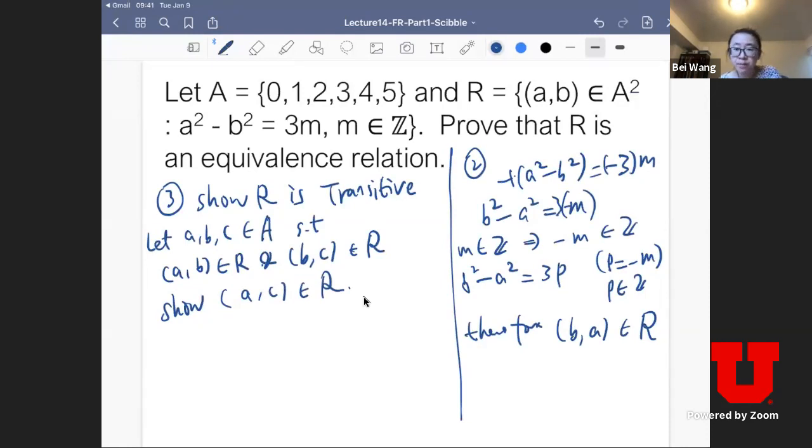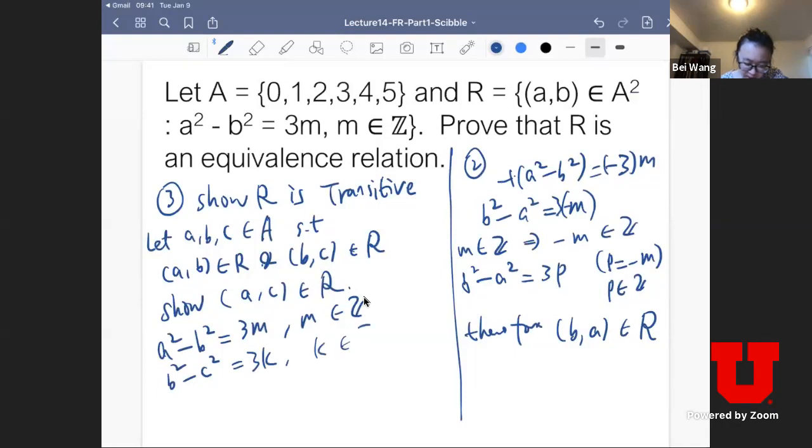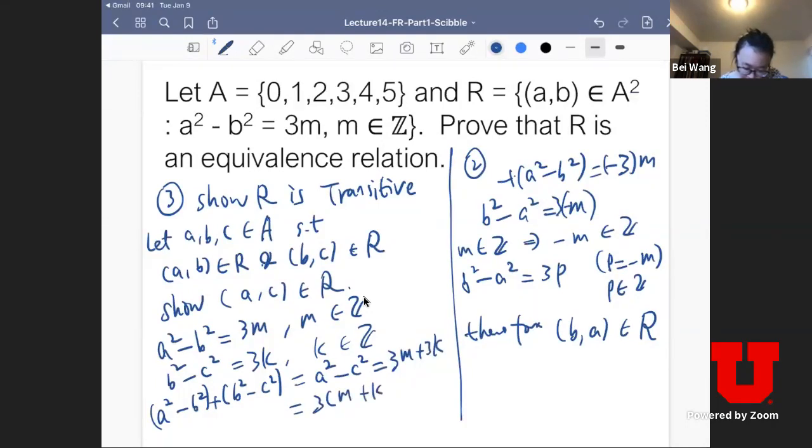Because A, B is in R, by the definition of the relation, we have A squared minus B squared is equal to 3M for some integer M. Because B, C is in R, we have B squared minus C squared is equal to 3K for some integer K. Now, if I add those two equations together, I get A squared minus B squared plus B squared minus C squared, which is equal to A squared minus C squared, which is equal to 3M plus 3K, which is equal to 3 times M plus K. So A squared minus C squared is equal to 3 times M plus K. And because of the closure property, M plus K is an integer.